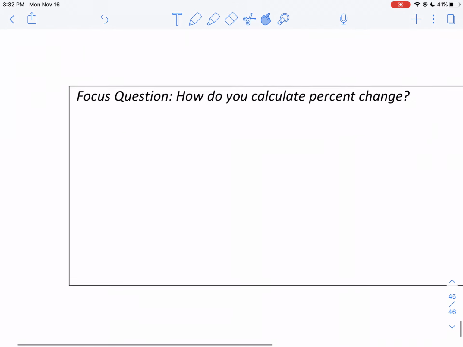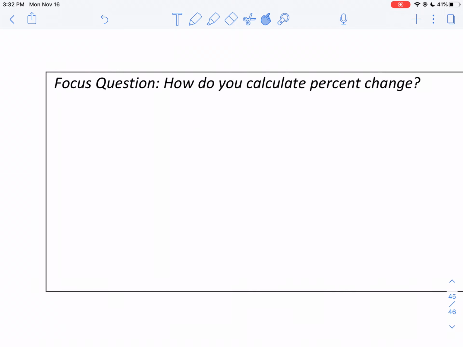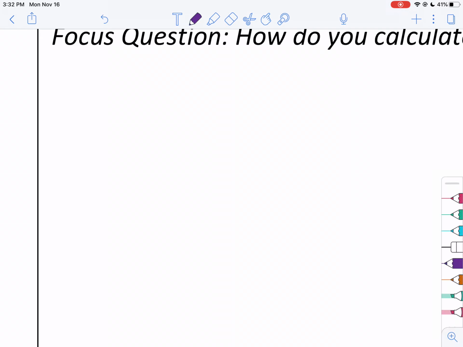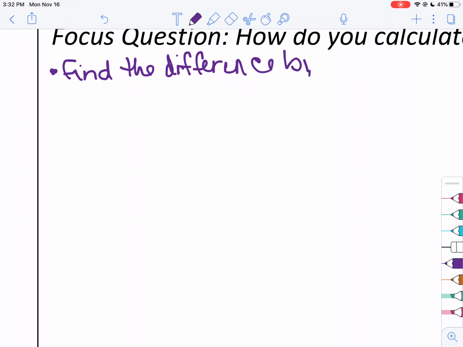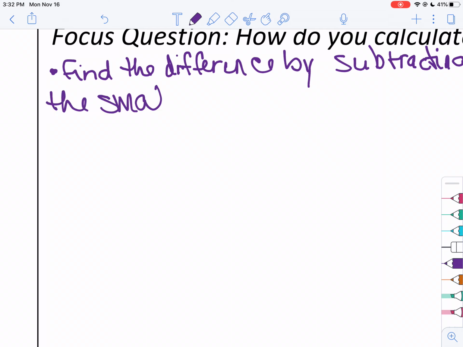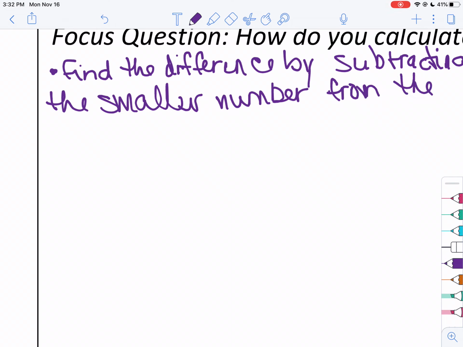All right, so how can you calculate percent change? Well, we can find the difference by subtracting the smaller number from the larger number.